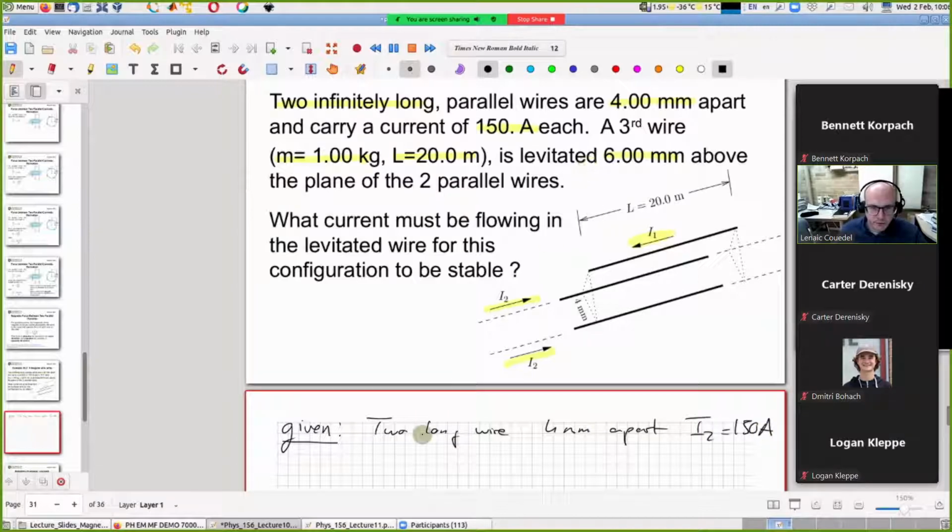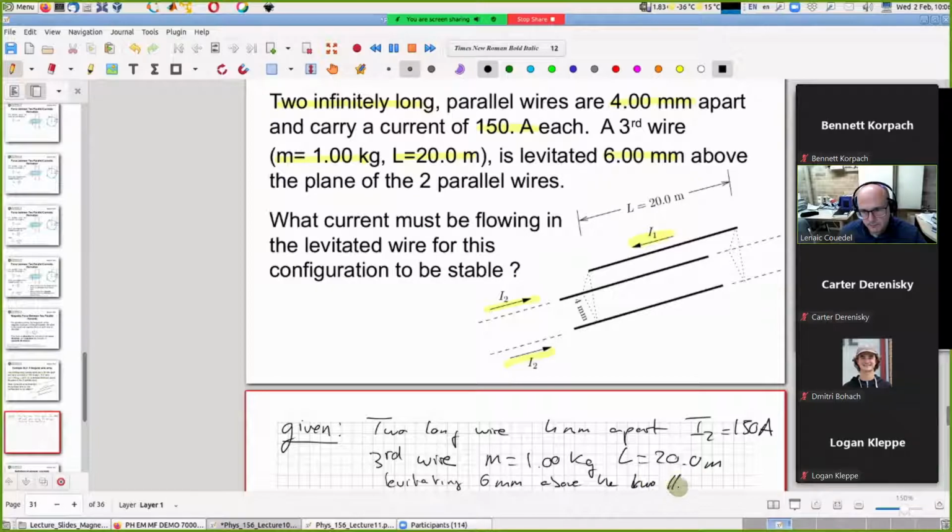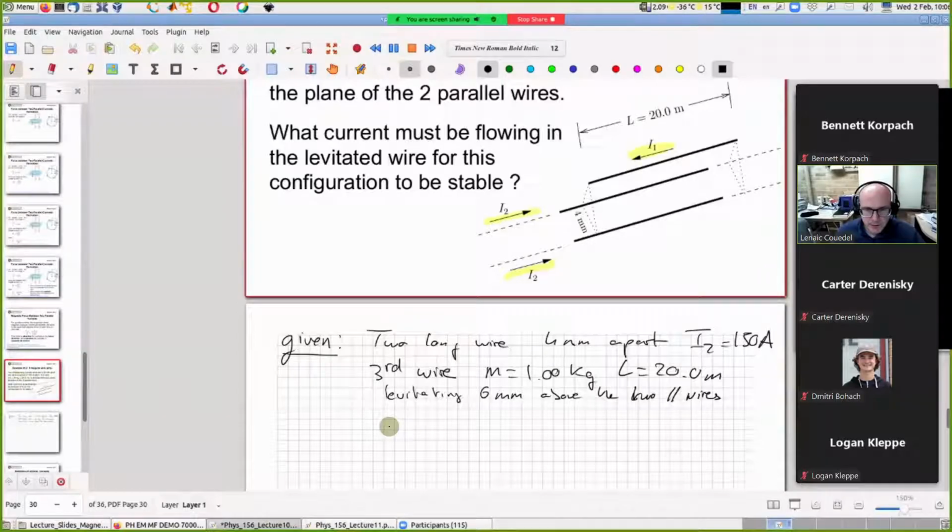And we have a third wire of mass equal to 1 kilogram and length equal to 20 meters, levitating 6 millimeters above the two parallel wires. And it carries a current, I2.